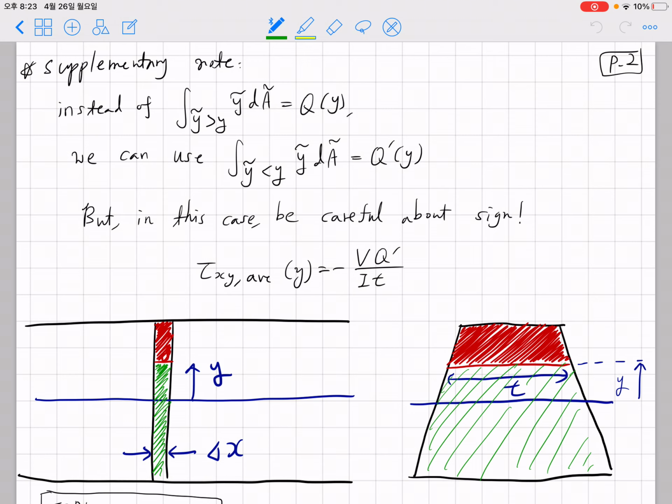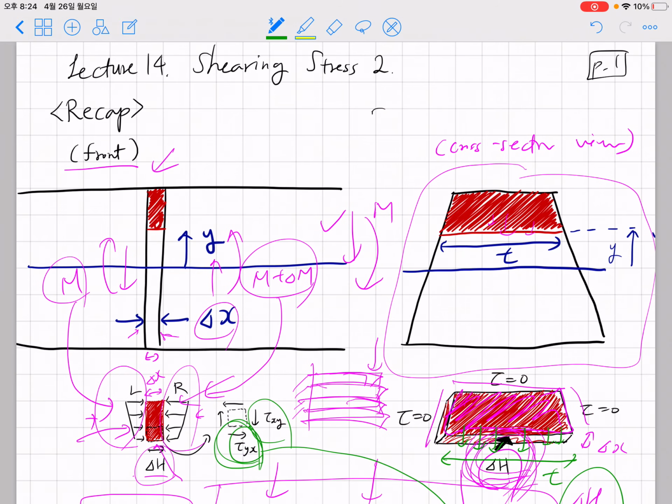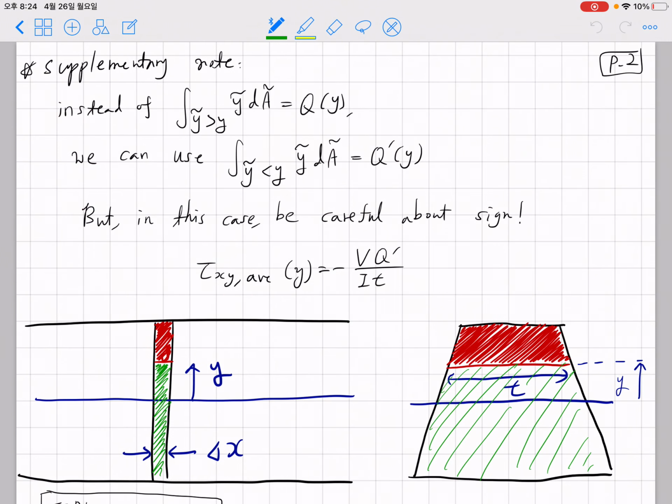Okay, so if you think about the derivation procedure, you might wonder, instead of Qy, which is the top of this surface, maybe we draw the free body diagram at the bottom of this volume and try to obtain the stress here, and from stress and force here we can obtain the tau xy. Okay, and of course your guess is true.